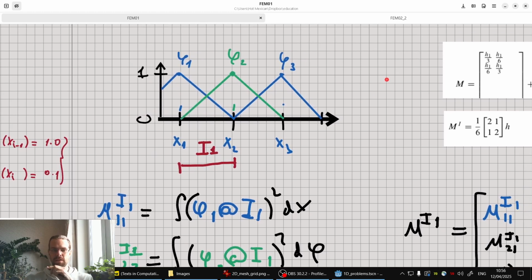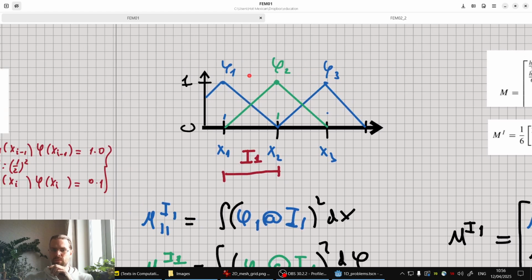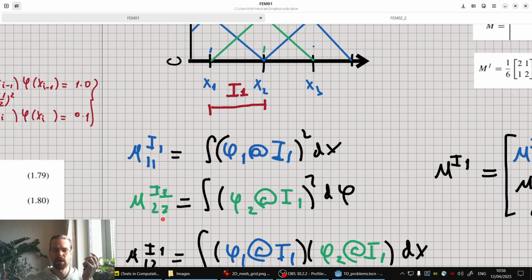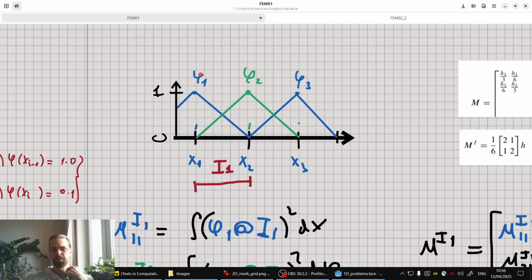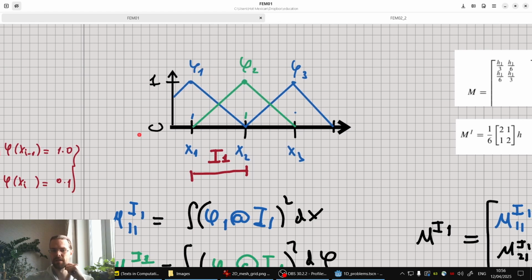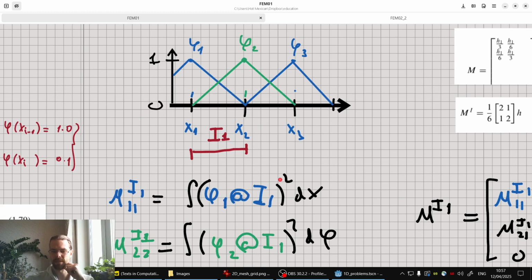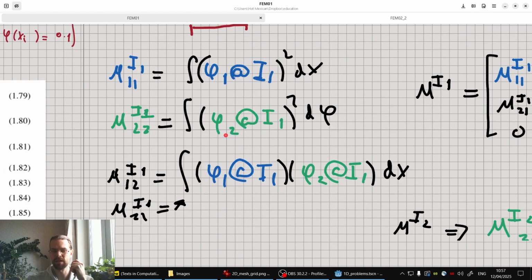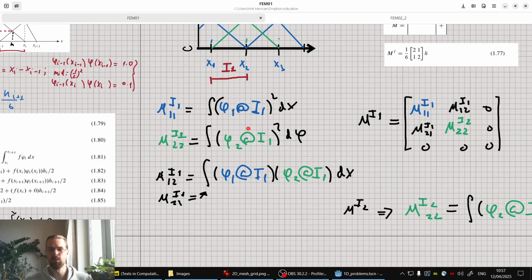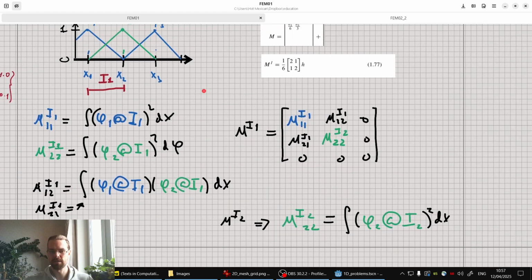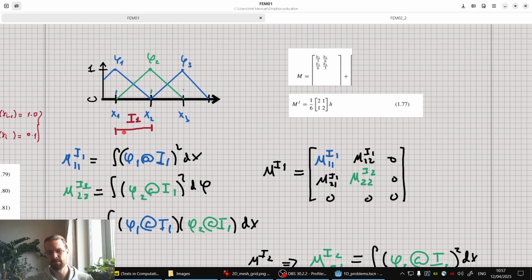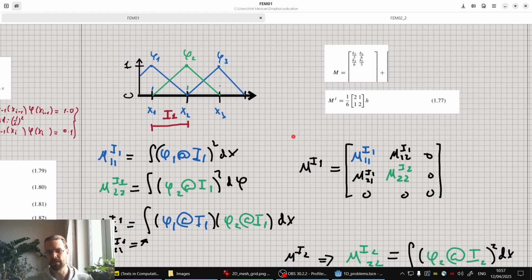So this matrix will have some entries M11, M22, whatever. So function phi will be multiplied by itself on this particular interval. The same can be said about this particular portion and then the two functions, right? And they will form this 2 by 2 matrix that is related to this particular element.